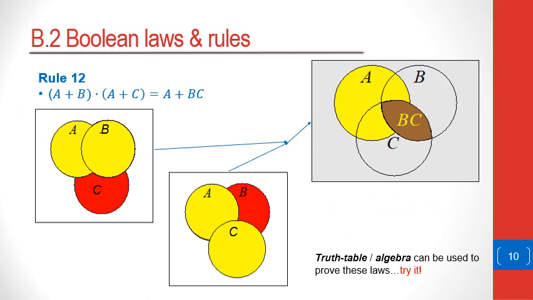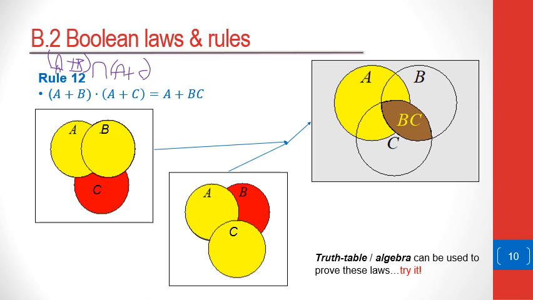So looking at rule number 12, we can see that this effectively represents the intersection of two regions. The first region is A or B, and then the second region is A or C. So it's the intersection of those two regions.